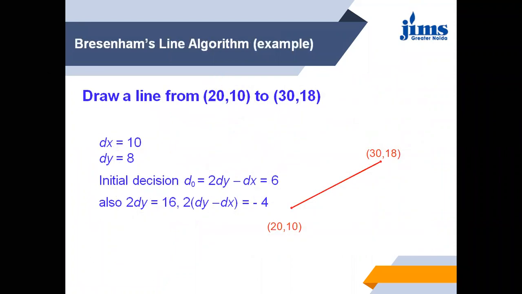Now we have to draw a line from (20,10) to (30,18). As we discussed in the last slides, first we will find the value of dx, that is x2 minus x1.